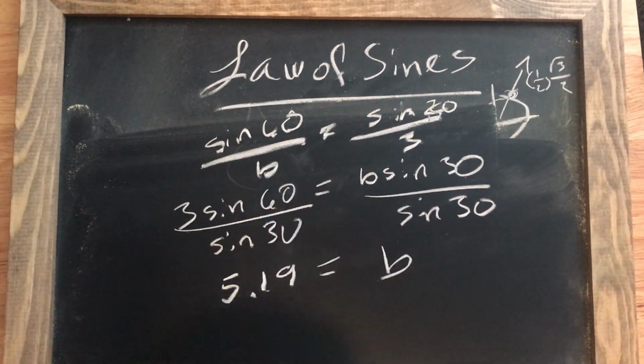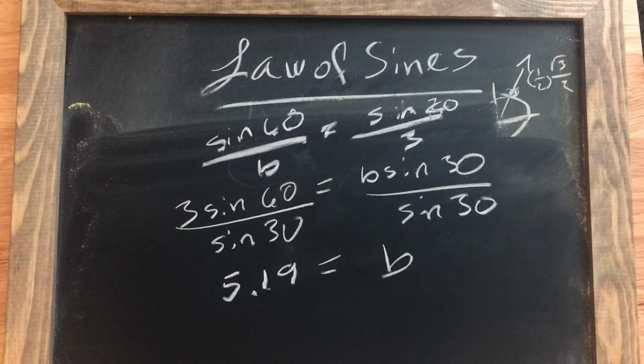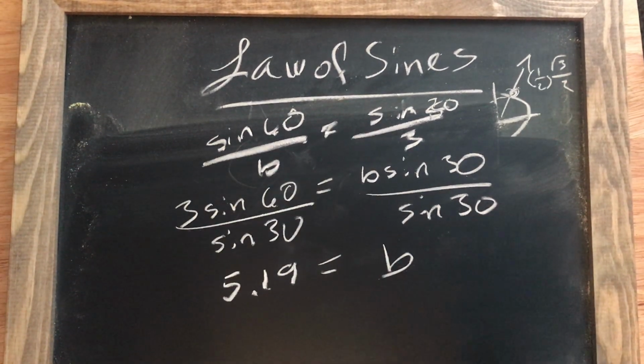That's 5.19. Yeah, that makes sense. Same thought process can be done for a. All right.